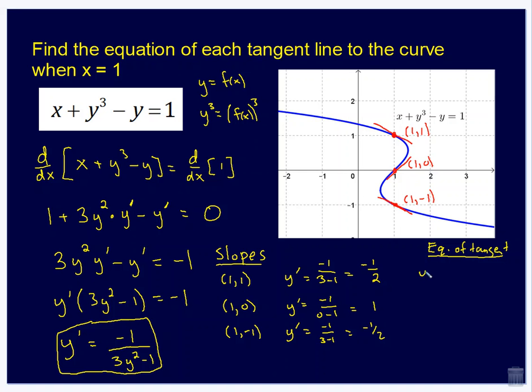This is going to be y minus y1, so y minus 1 equals negative a half times x minus 1. This one will be y minus 0 equals 1 times x minus 1. And this is going to be y plus 1 equals negative 1/2 x minus 1, and there it is.